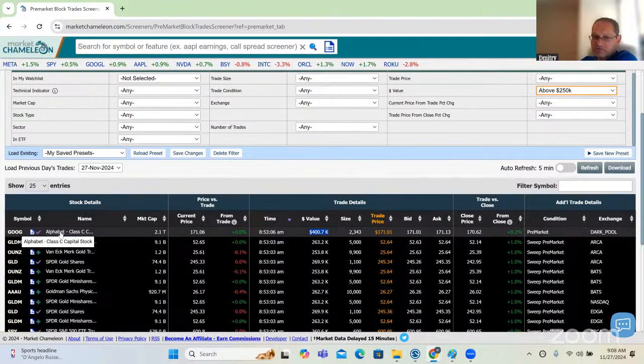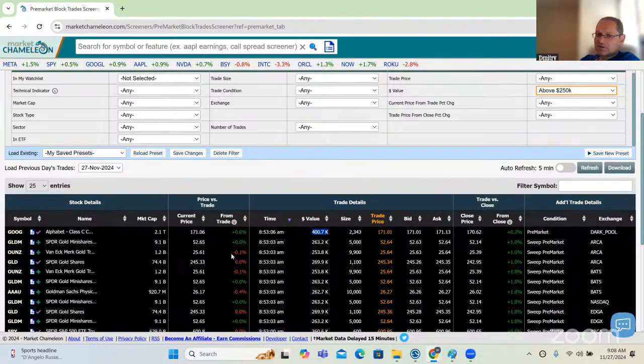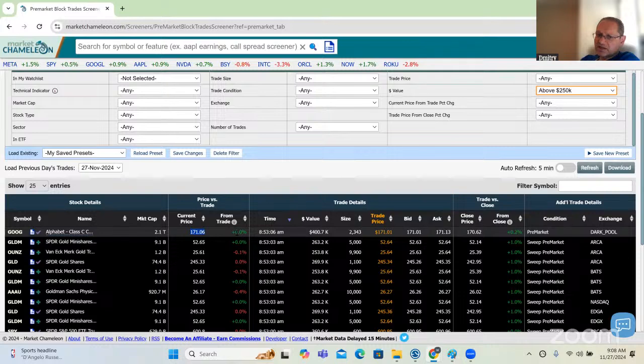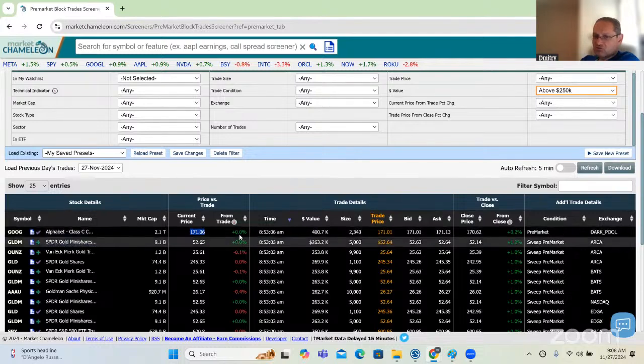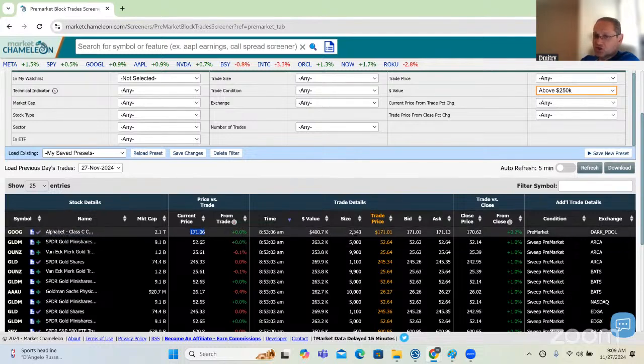So this is Alphabet, Google's, the market cap. This is the current price and where the current price is relative from the trade that we're analyzing. All right, so I'm going to come back to that to explain what that is.